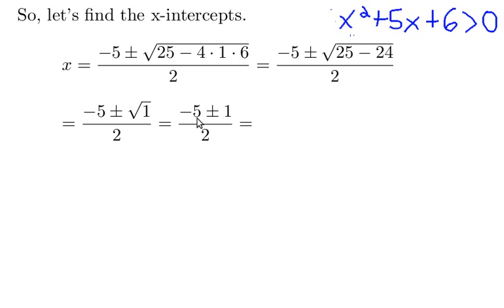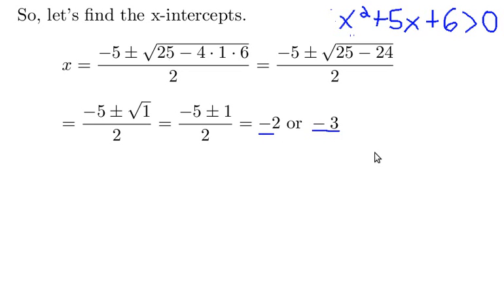So negative 5 plus 1 is going to give us negative 4 over 2, so it's going to give us negative 2, or, because we're going to get two answers, one for the plus, one for the minus, negative 5 minus 1 over 2, that's going to give us negative 6 over 2, which is going to give us negative 3.